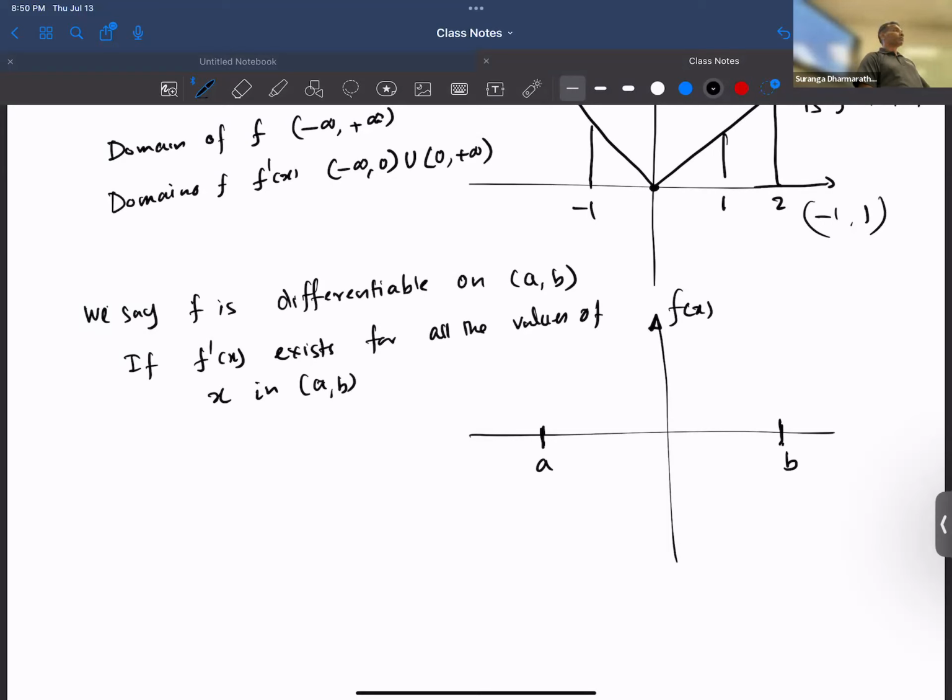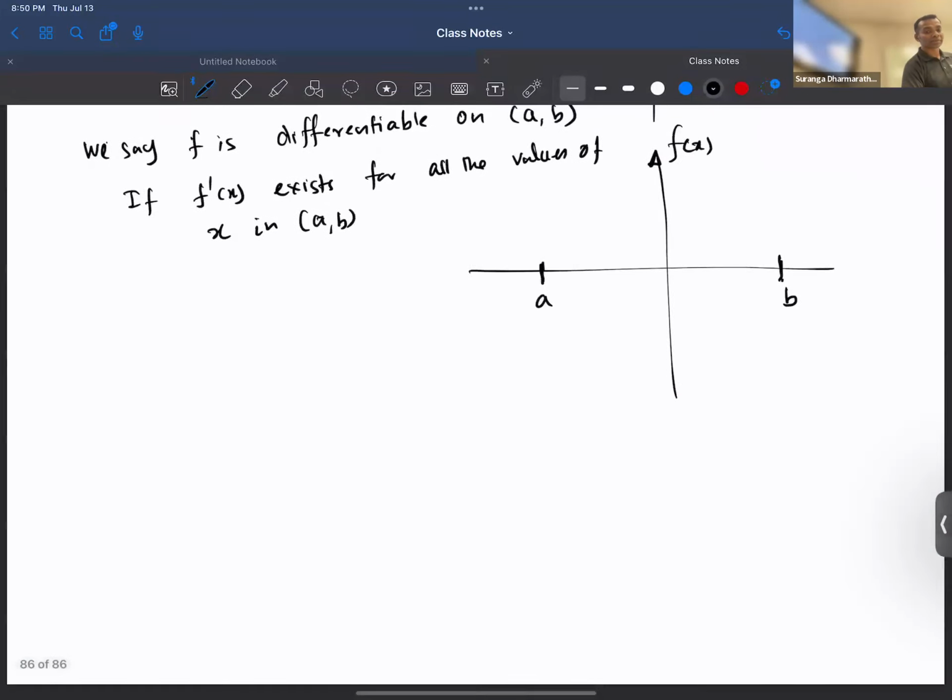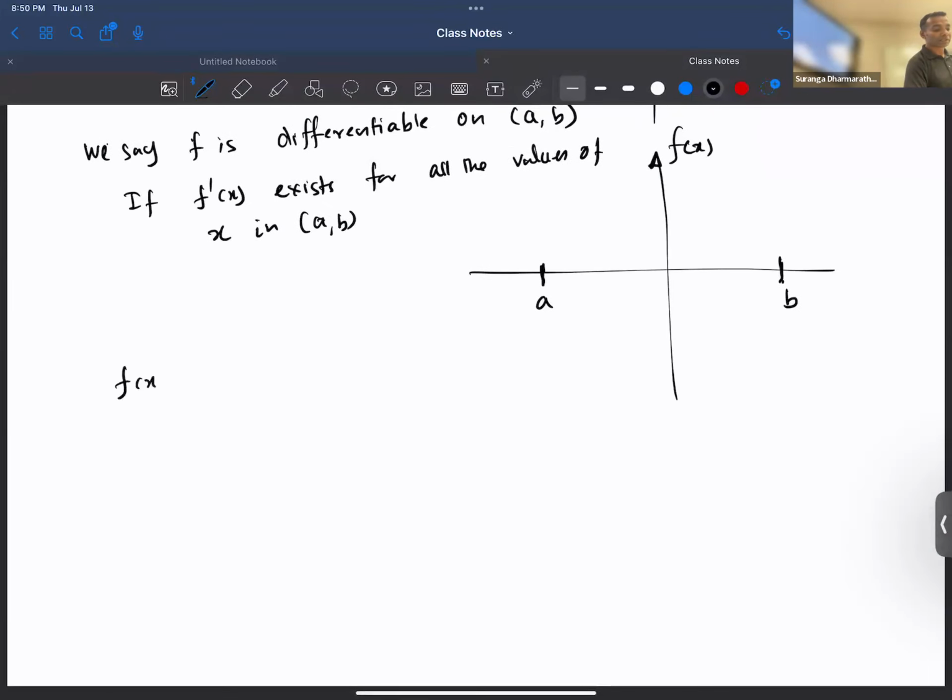Does that make sense? Can you give me a couple of minutes to do one example, just with the fresh knowledge? You have f of x equal to x cubed minus 12x. We have to show this is differentiable. What do you mean by differentiable?